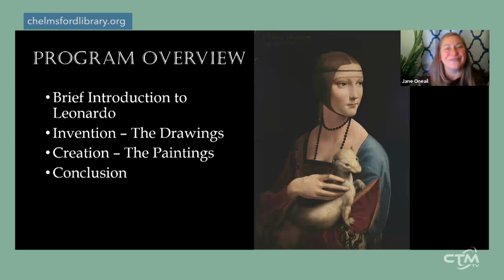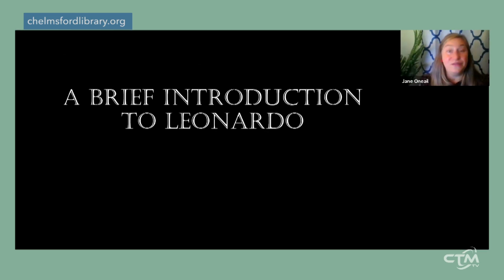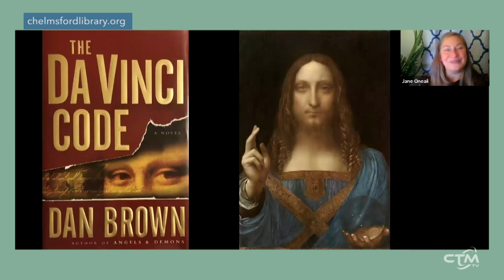So that leads us right into tonight's program. We're going to get started with a few touchstones when we think about Leonardo, the things most familiar to us, probably starting with the Da Vinci Code. Of course, we all probably read it, whether or not we want to admit it. I'm actually rereading an adult adaptation of it with my 9-year-old son, and he is hooked.